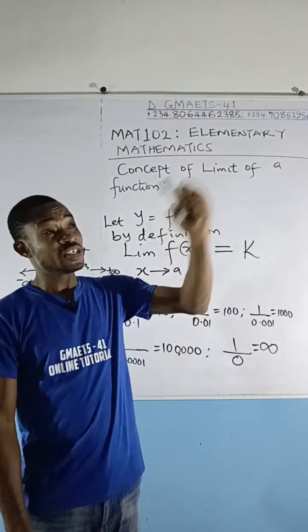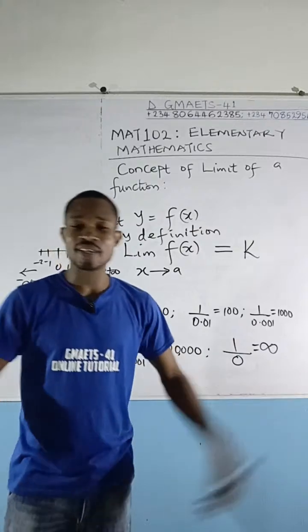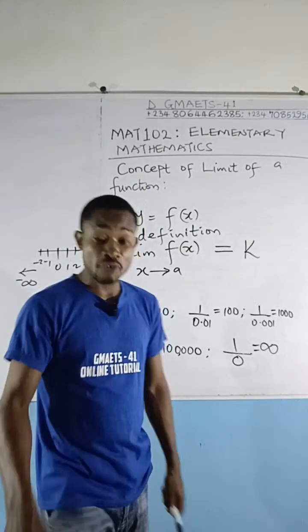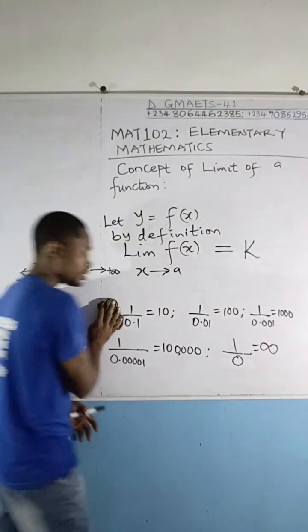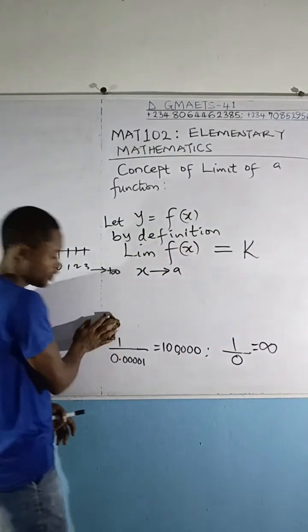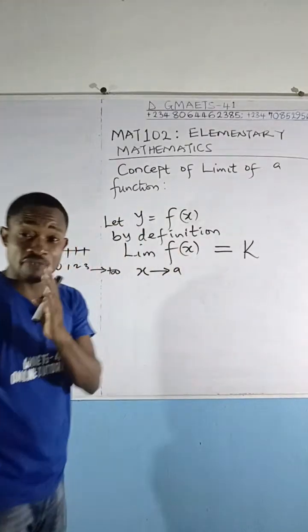Sometimes if you divide a numerator by 0, it will tell you that, okay, it is undefined. But like I said, for full understanding of this concept, I'm just showing you this. Please take the full lecture on concept of limits of a function. Take it so you can learn these properties very well.